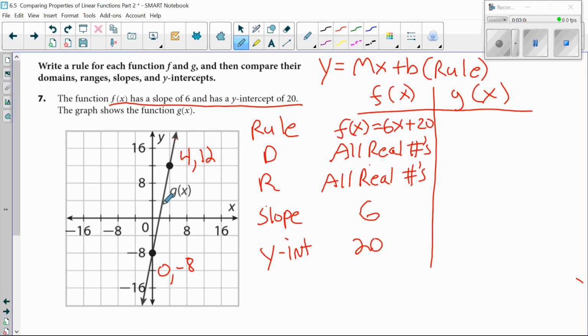So I've got my graph here, and I've got 2 points on here, and I've got my x and y for these 2 points. So I'm going to plug that into my formula, y2 minus y1 over x2 minus x1. Now, I'm going to do my second y, which is 12, minus my first y, which is negative 8, divided by my second x, which is 4, minus 0.